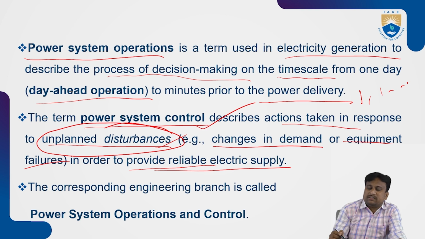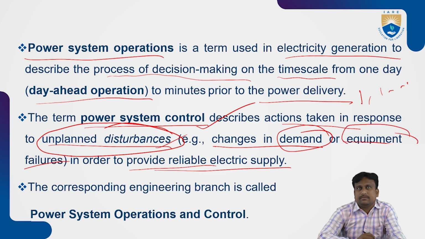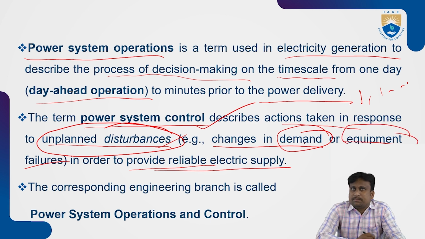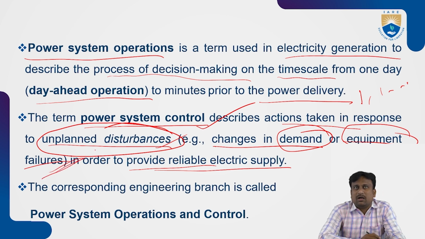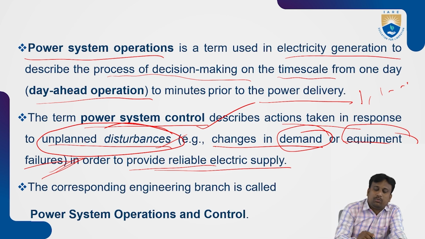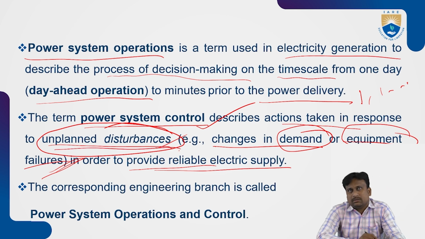What do unplanned disturbances mean? Changes in the demand and equipment malfunction. We cannot expect the changes in the demand. The demand may change, being variable in nature. Sometimes the equipment may malfunction. All these factors come under the group of unplanned disturbances.